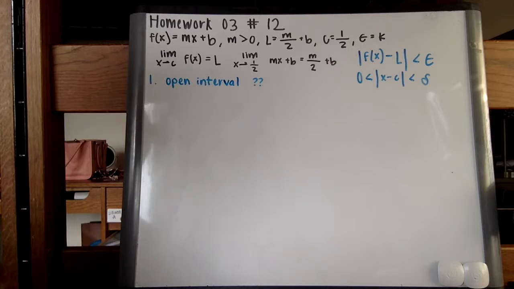The first part of our question is, what is the open interval, or basically our bounds? Our bounds are based on epsilon, and we know that epsilon is k.